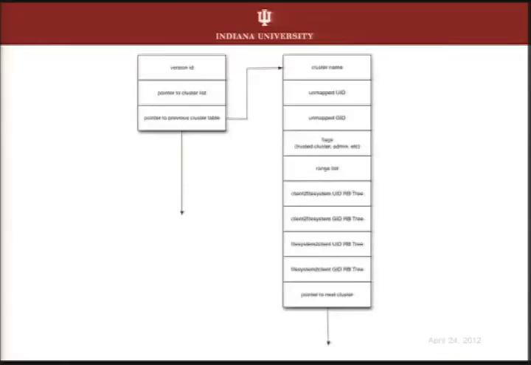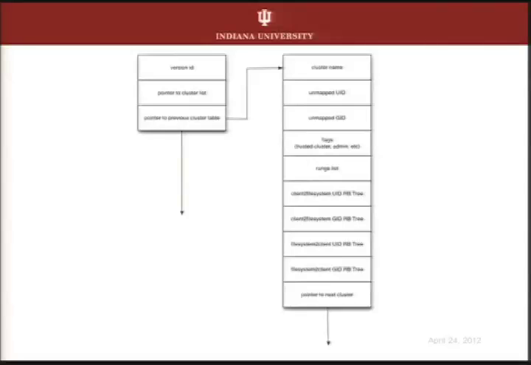So for every cluster, there's a cluster name, and then there's the unmapped UID, essentially the squashed UID, which most people on Red Hat end up setting to 99, and the GID. Then flags about the cluster, whether or not it's a trusted cluster. Do we even need to map it? An admin cluster, do I allow root, UID 0 access? And those sorts of things.